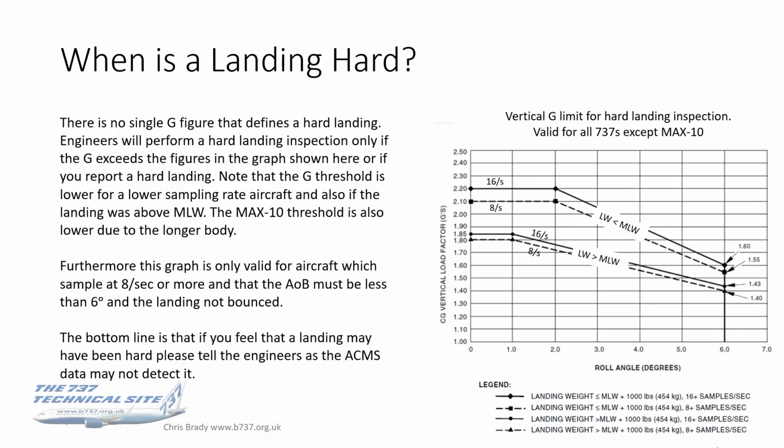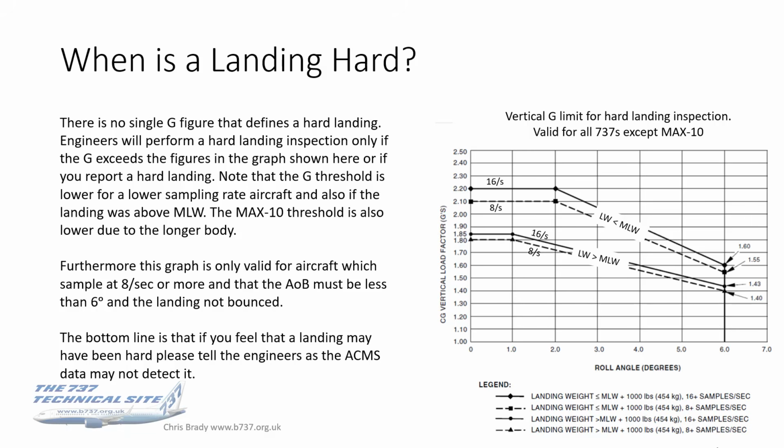Note that the G threshold is lower for a lower sampling rate aircraft, because they have to be on the safe side. I think that's going back to what I showed you about the effect of the low sampling rate. And also if the landing was above the max landing weight plus half a ton.